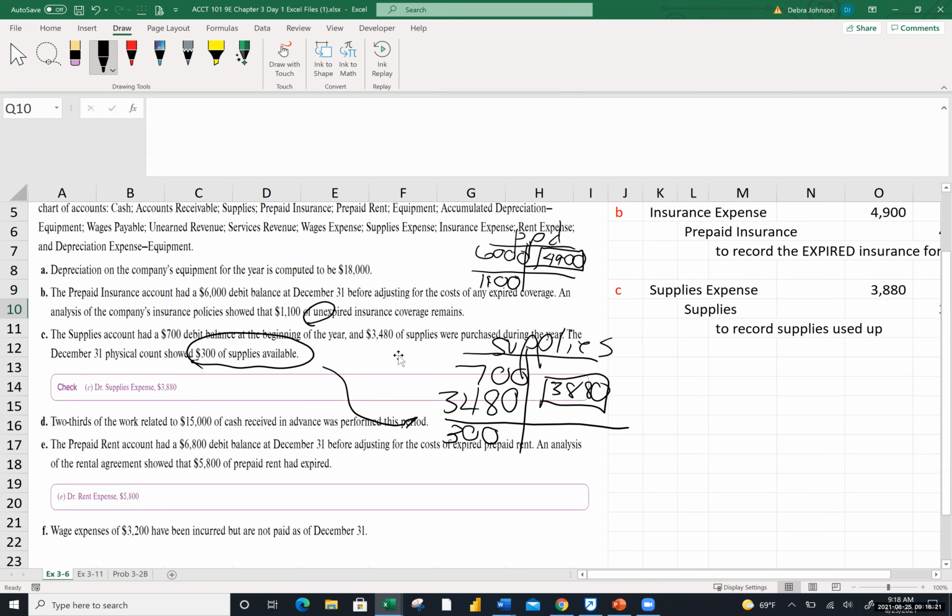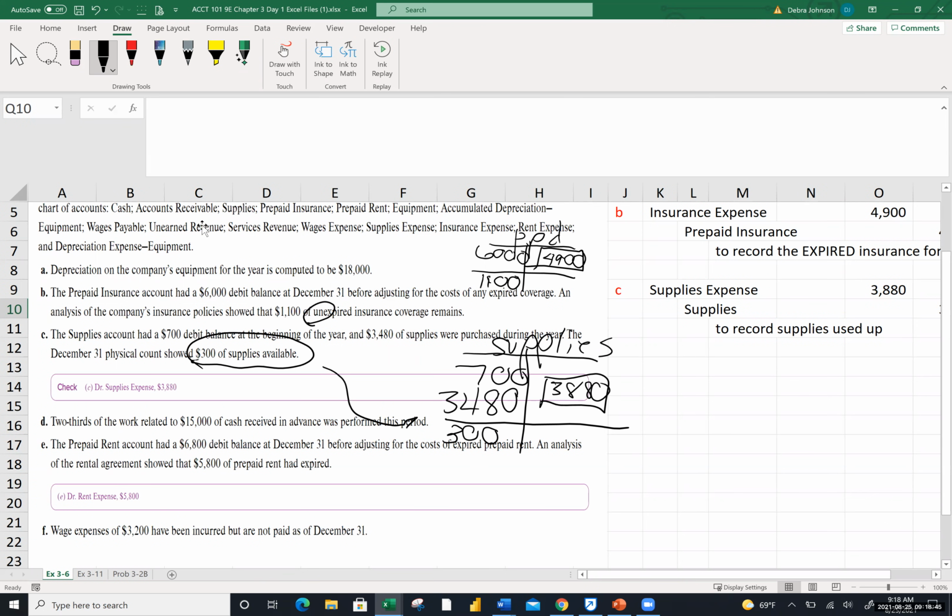Okay, stop. When we receive money in advance, right? If I'm going to do somebody's tax return and I want a retainer because they have tax issues, I want them to be able to pay me. So I get a retainer up front. That's money that I've received ahead of time. That's sitting in this unearned revenue account right here.